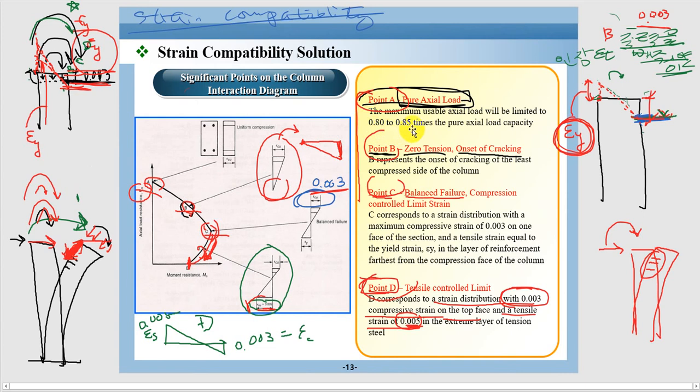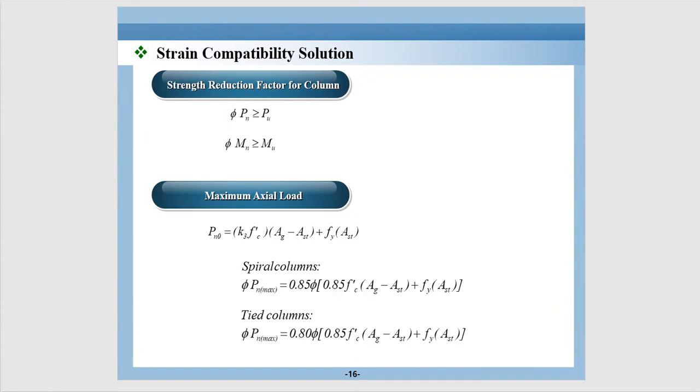This is just for further safety. Try to be further conservative when you're calculating the axial force, so you can guarantee an additional safety factor there.